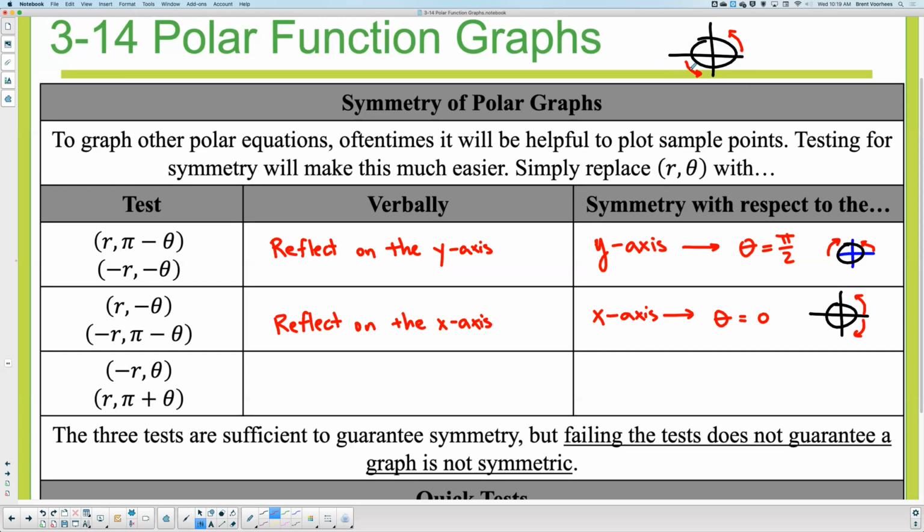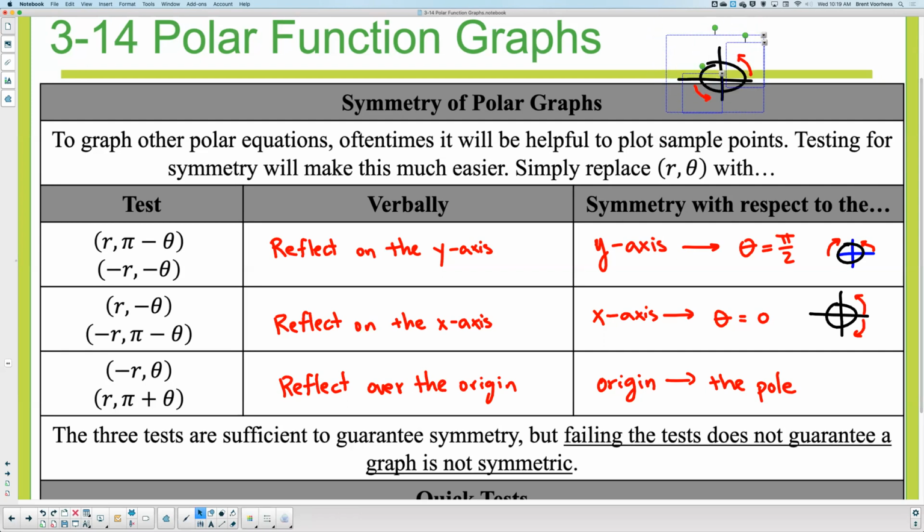What am I reflecting on now? The origin. This is reflecting on the origin, which they will call the pole. The pole means the origin. This is reflect over the origin. That's the idea.